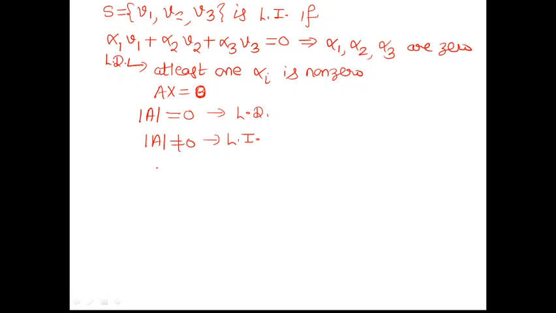So I hope the definition is clear to all. Now let's solve the first example based on this.